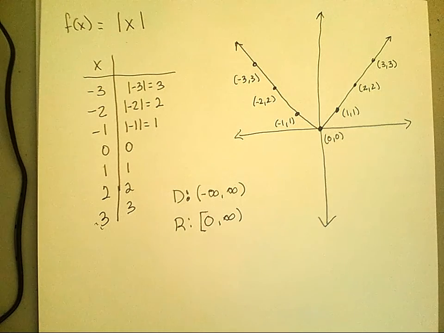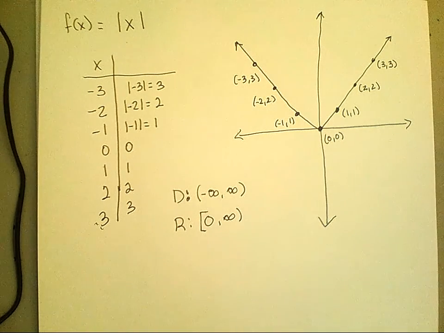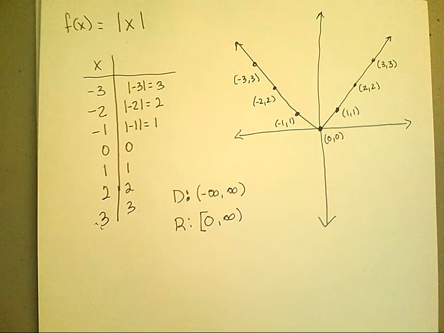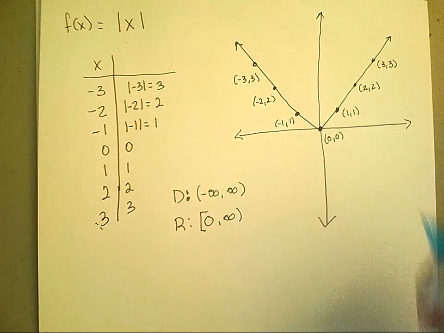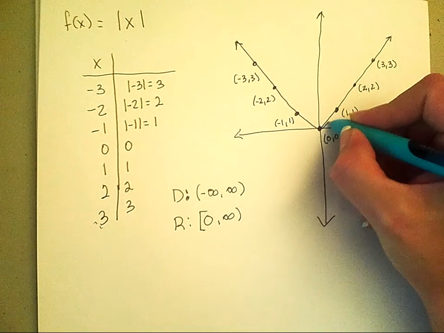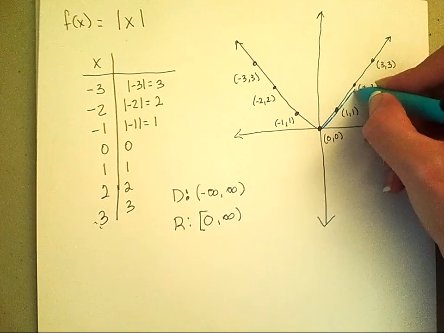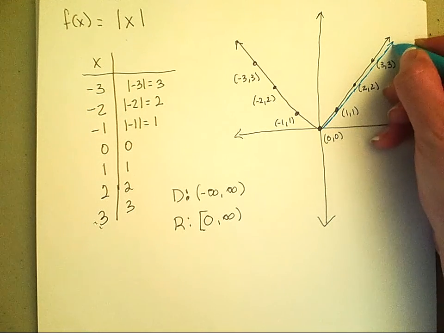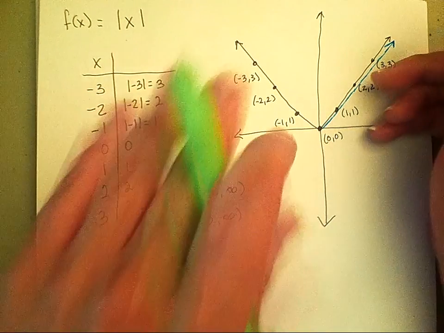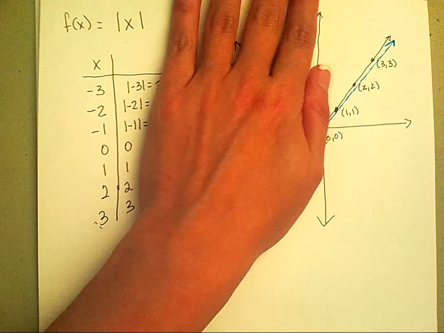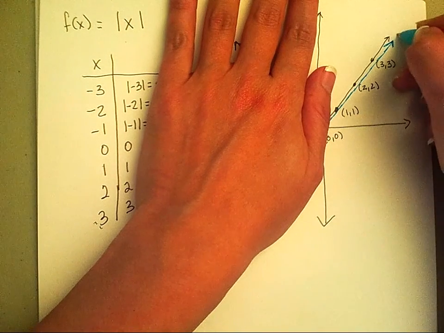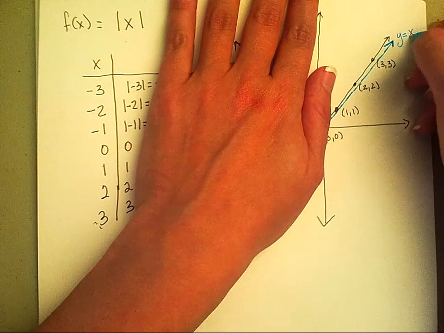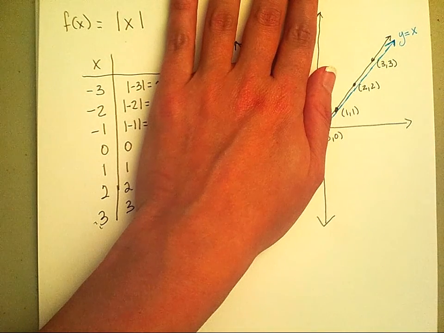So I'll be asking you to do things like this on that worksheet, so you'll be getting these parent functions in your head very clearly. But notice if I look at it this way, on this side of the graph, if I just restrict this domain, really I could think about this as the line y is equal to x.